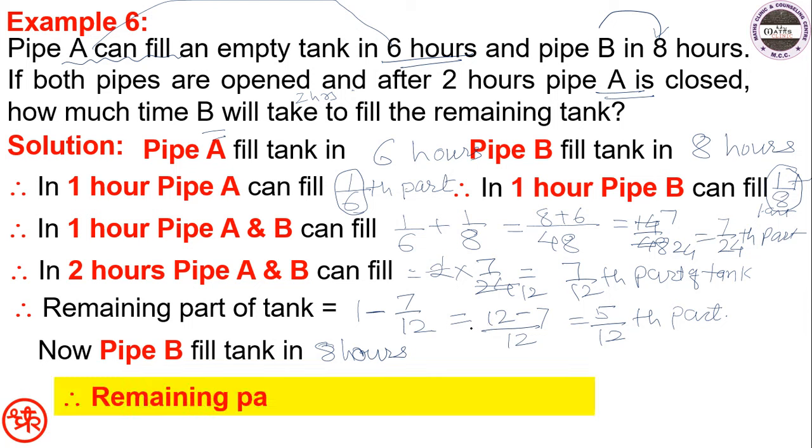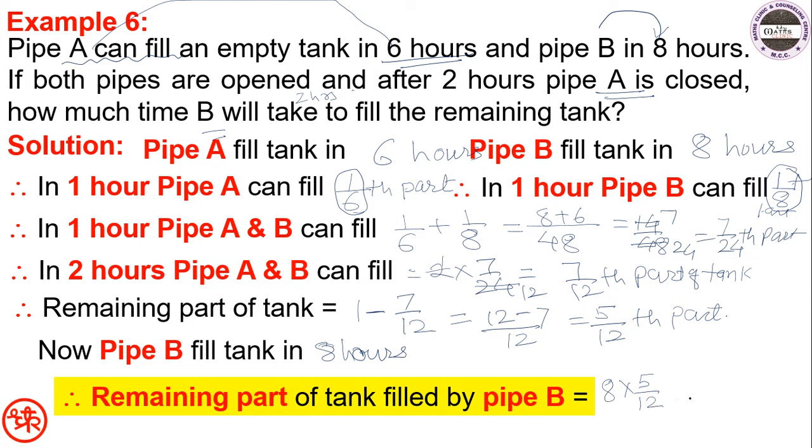Therefore the remaining part of tank filled by pipe B is, okay, so what? 8 into 5 by 12.